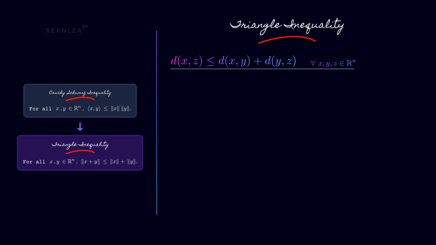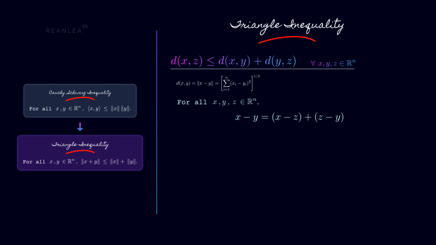First of all, let us consider d of x and y is norm of x minus y. In fact, that is equal to the square root of the summation of x_i minus y_i, whole square, for i from 1 to n.